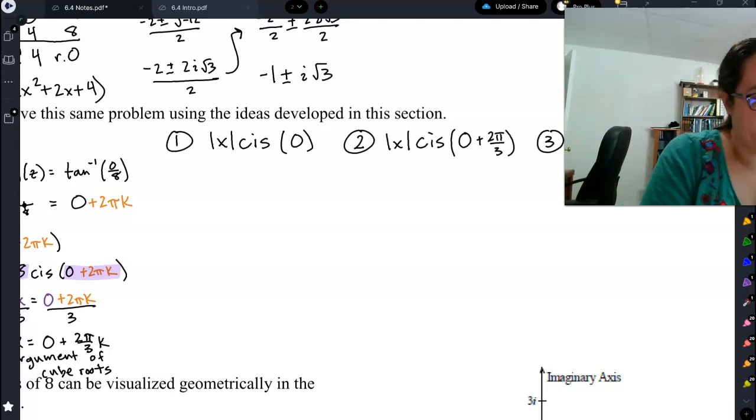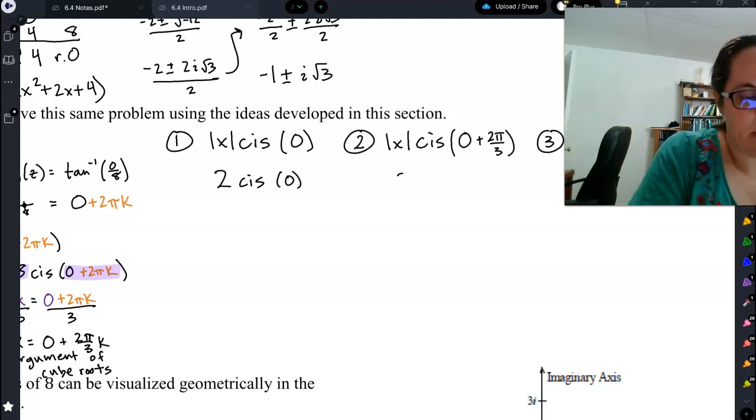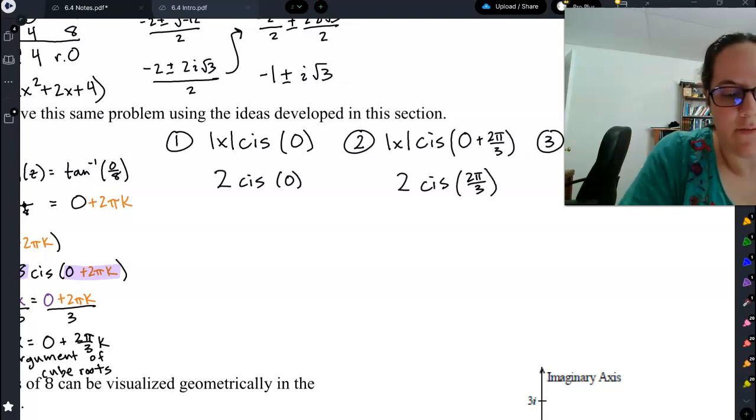So let's figure all these out. I know my modulus is 2, so this one is 2 cis 0. This one is 2 cis 2 pi thirds. And this one is 2 cis 4 pi thirds.